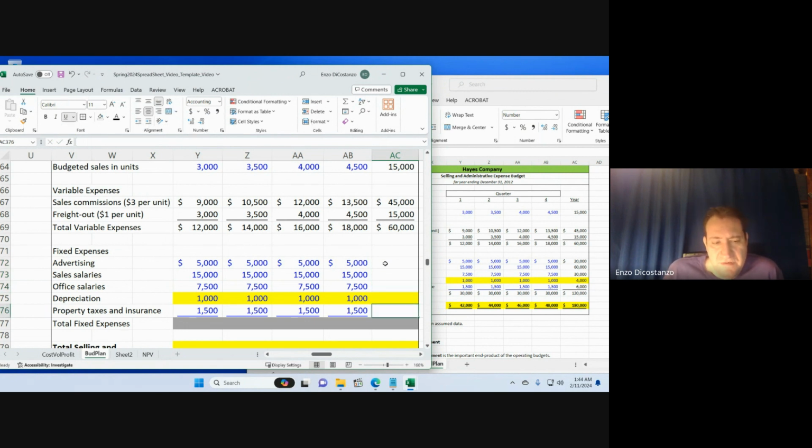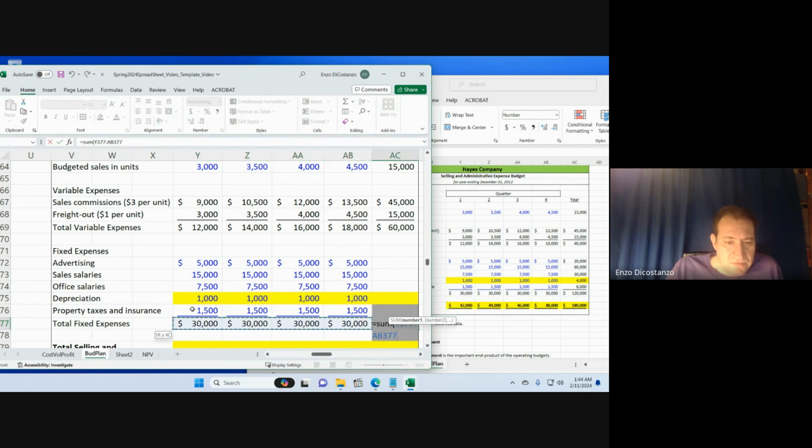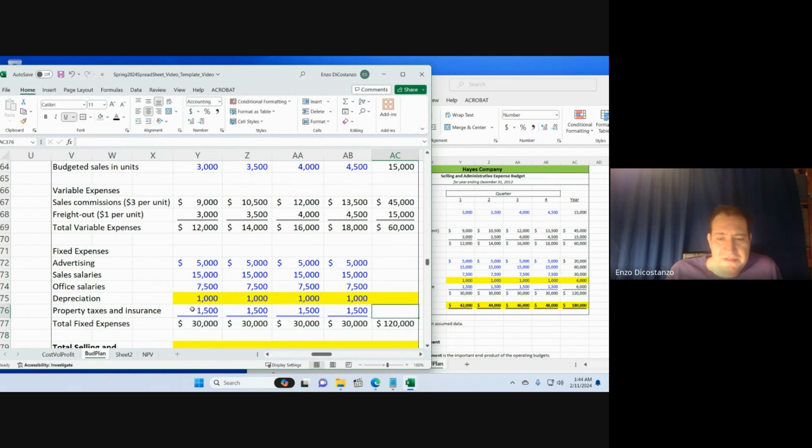Okay, so you have your quarterly expenses, and then your fixed total. Okay, these numbers. All right, so you see what this looks like. Here we just add up the quarters, that kind of thing.